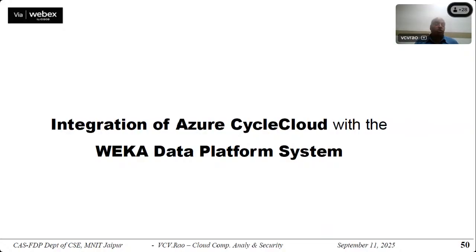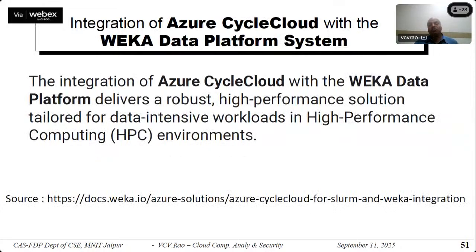Before we go to the programs, first we should understand that the integration of Azure CycleCloud is done with the Weka data platform system. The Weka data platform system and Azure CycleCloud have been integrated actually. Okay, that means what? Basically, this particular Weka data platform delivers workloads from a high performance computing perspective.